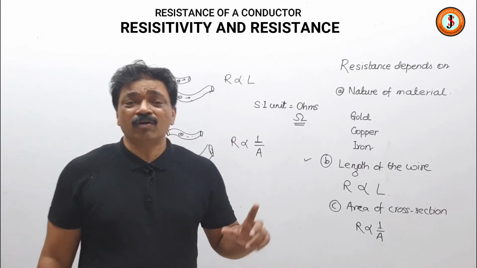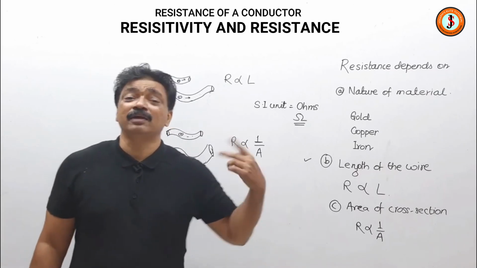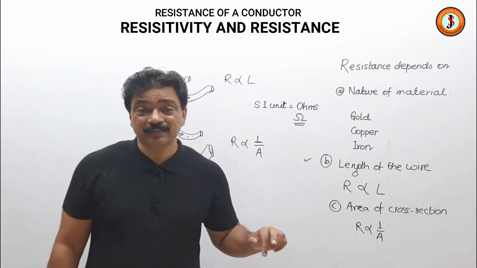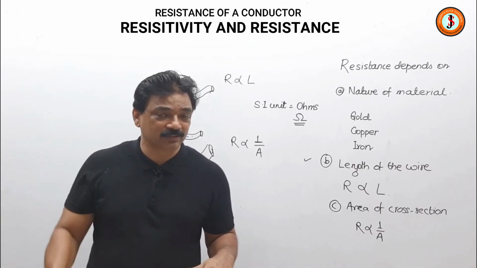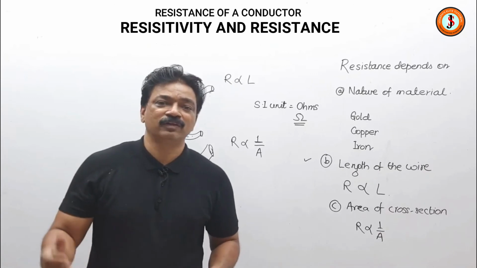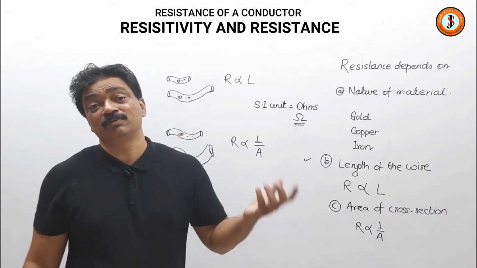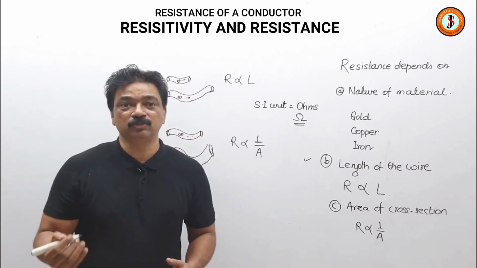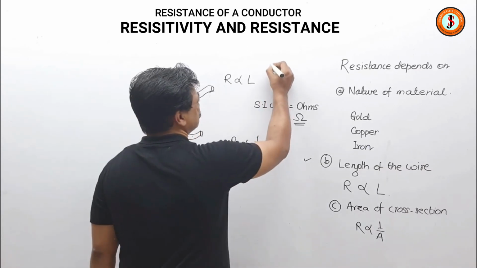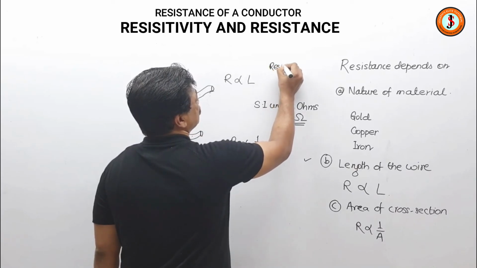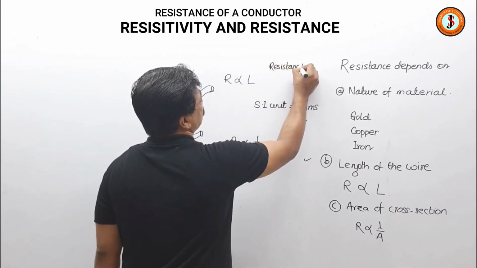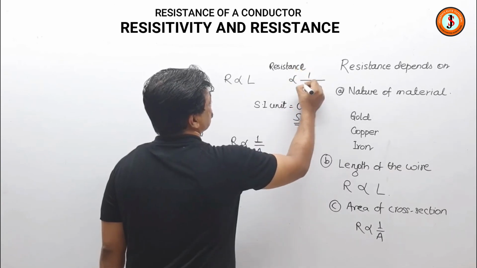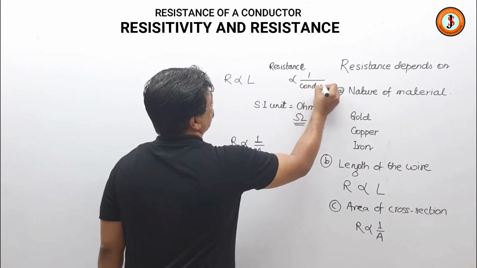That means a wire of lesser resistance will be of higher conductance, and a wire of higher conductance will be of lesser resistance. In the same way, if a wire is of lesser conductance, then its resistance will be high. That means resistance is just the opposite, or reciprocal, of conductance. This you have to remember.